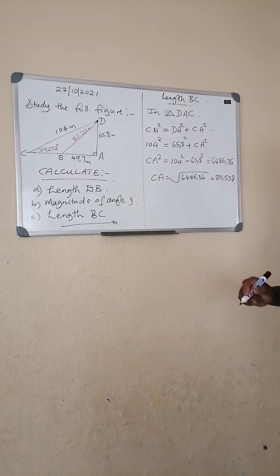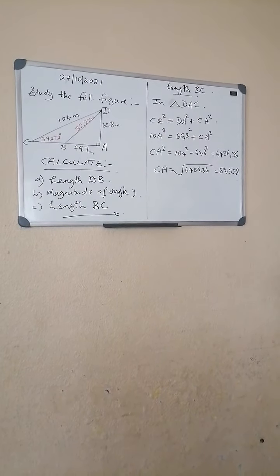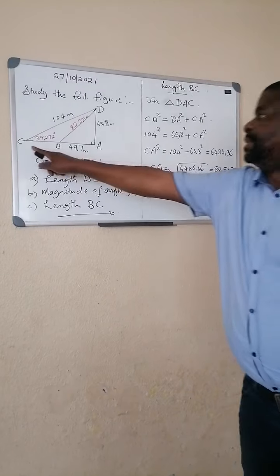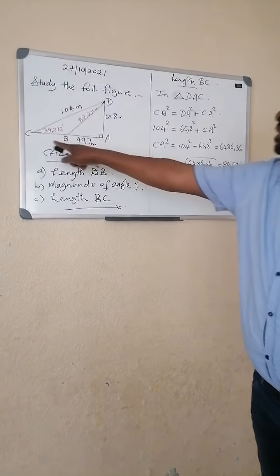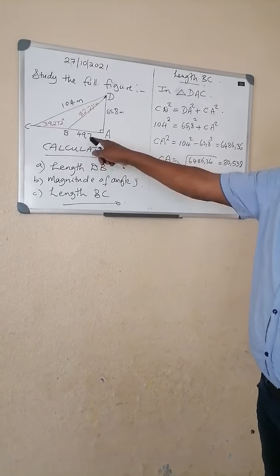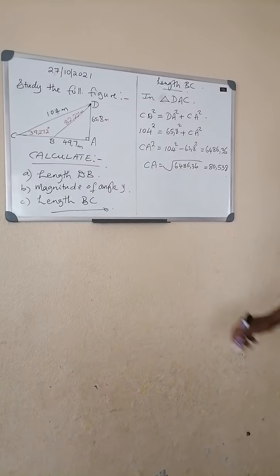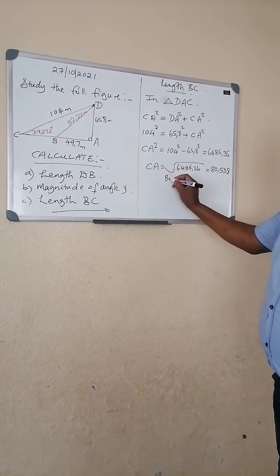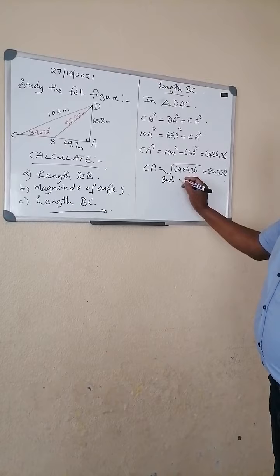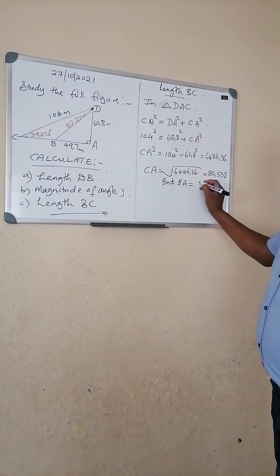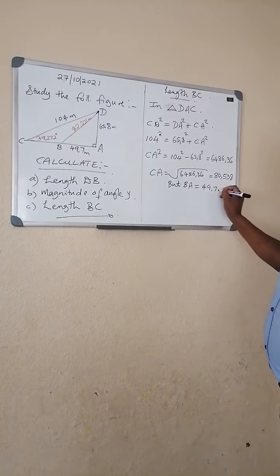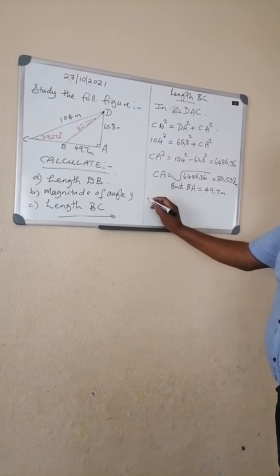Remember, this is CA. But within CA, we've got BA. And BA is known as 49.7. BA equals 49.7 meters.